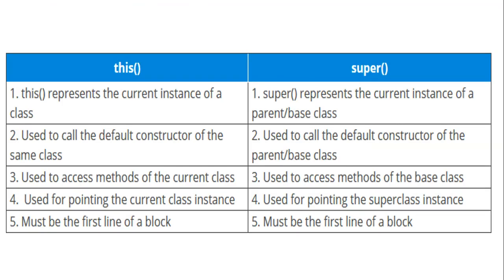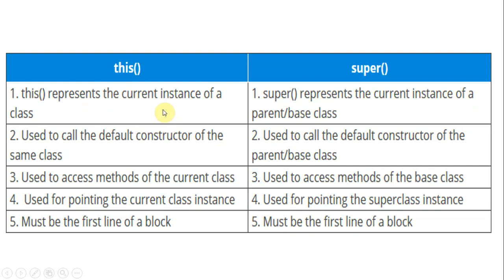Okay, so we already completed the this keyword. People are very much confused between this and super keywords. Just now we completed super, right? So super represents the current instance of a parent class, whereas the this keyword represents the current instance of a class. Only one class exists.